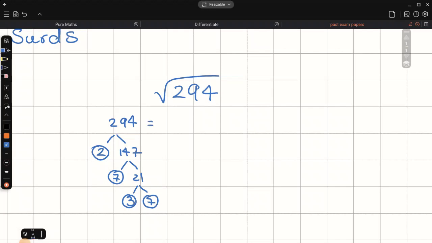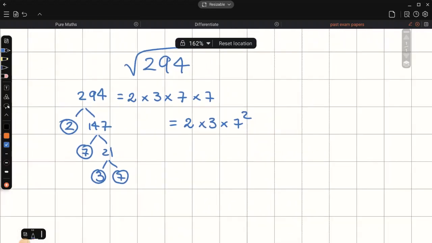So 294 is 2 times 3 times 7 times 7. So I can rewrite this as 2 times 3 times 7 squared. Now we're going to take the root of 2 times 3 times 7 squared.